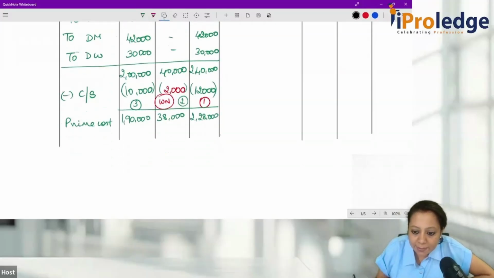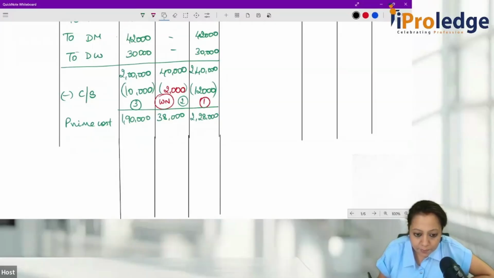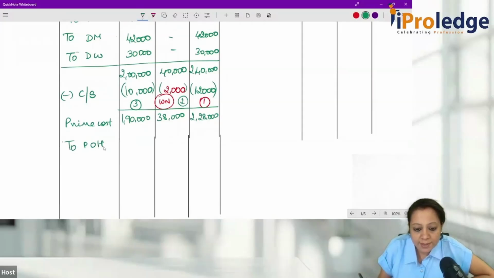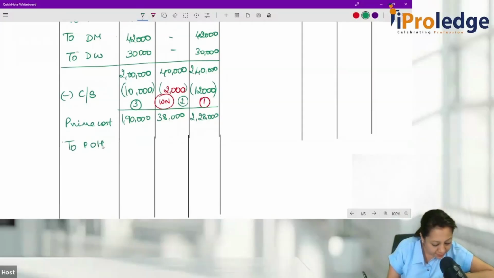A little bit I'll extend my table. To production overheads: production overheads given in the question is 12,000. So no profit for this.